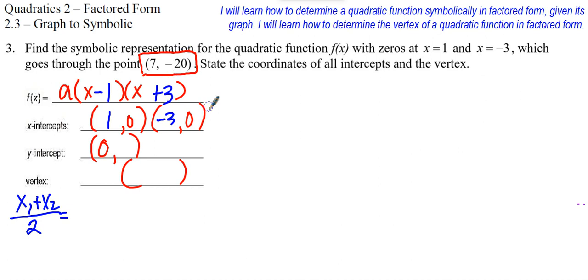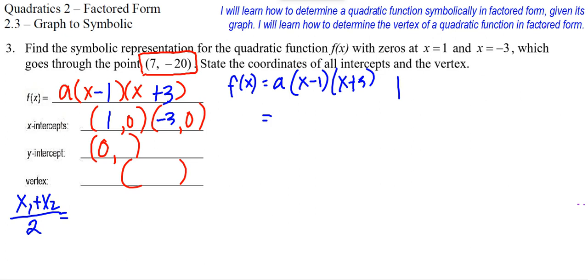Okay, now what? We want the y-intercept, but we can't get it because we do not have our equation, our symbolic representation. That is the next step. We have to get the value of a so we can solve for everything that is missing in this example.